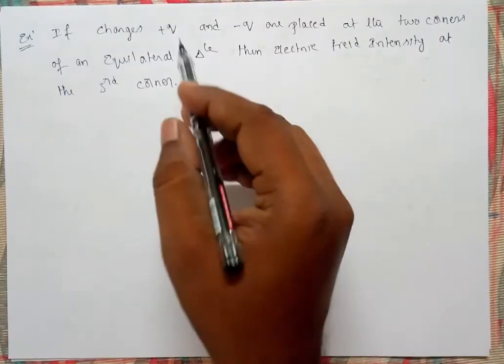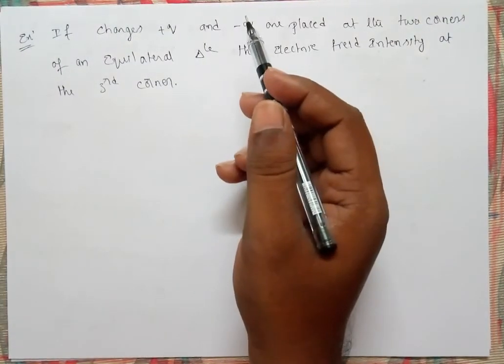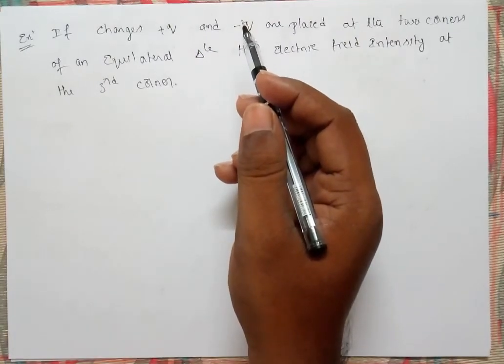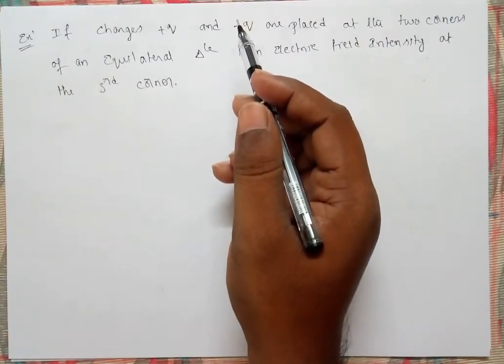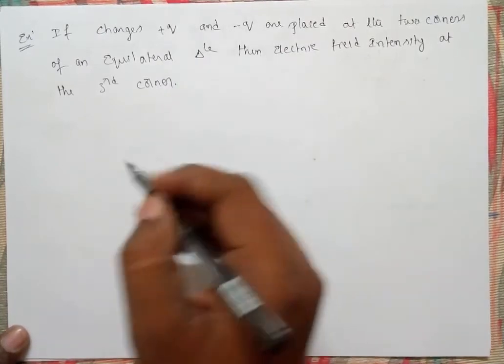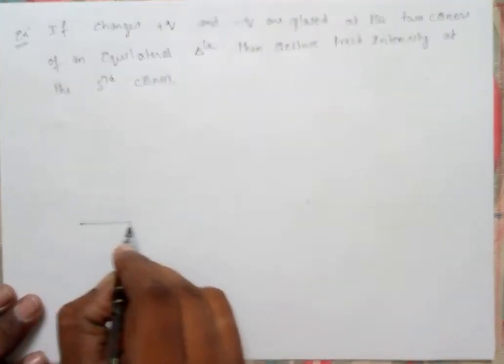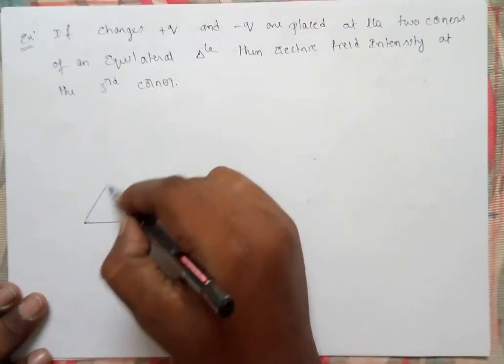Earlier we took both as positive charges, and the electric field intensity was root 3 times 1 upon 4 pi epsilon naught Q by L square. Now here these are opposite charges. Let us take the same case.